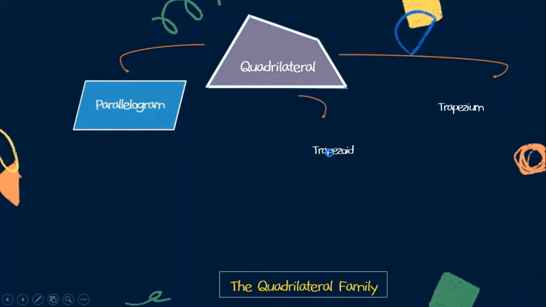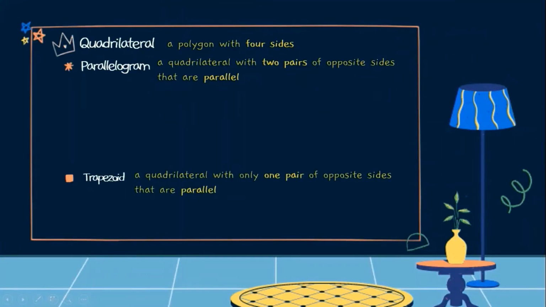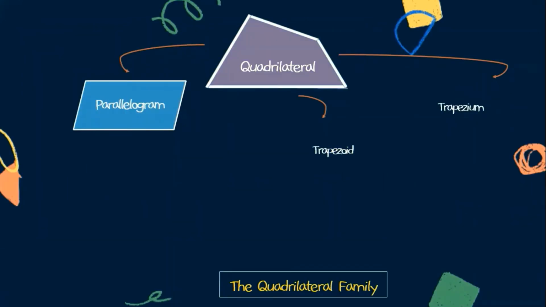Next, we also have trapezoid. A trapezoid is a quadrilateral with only 1 pair of opposite sides that are parallel. Going back dito sa ating quadrilateral family, this is how a trapezoid looks like. And the trapezoid only has 1 pair of opposite sides that are parallel. Ito lang yun.